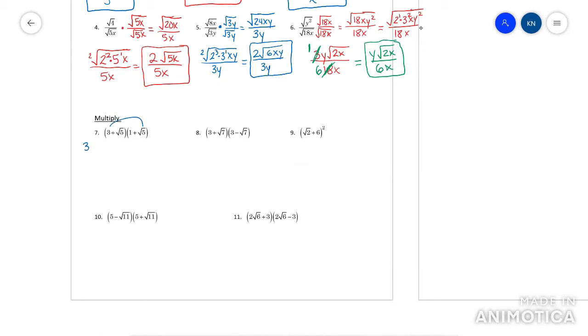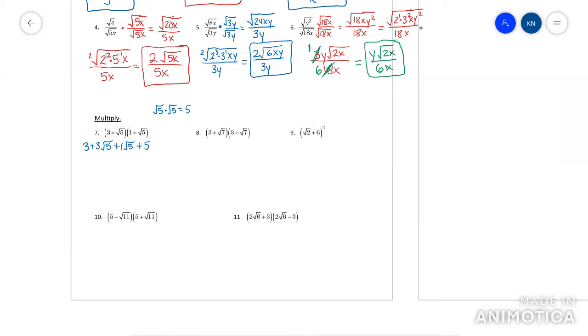The outside is 3 times root 5, which is plus 3 root 5. The inside is 1 times root 5, which is plus 1 root 5. And the last is root 5 times root 5. The root just goes away and it just drops to 5. So it's like plus 5.